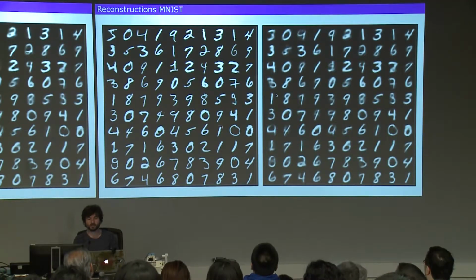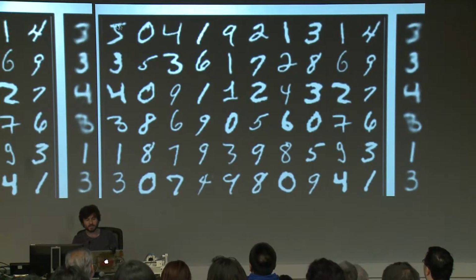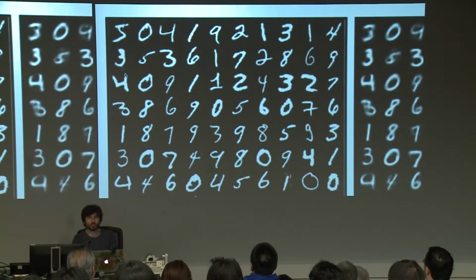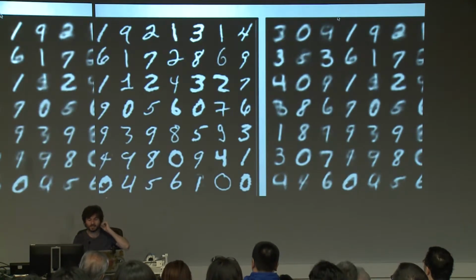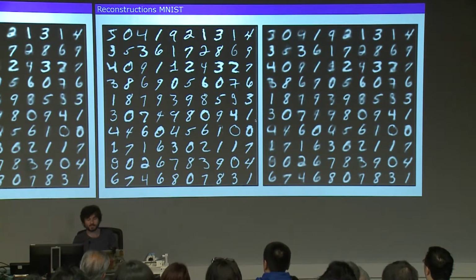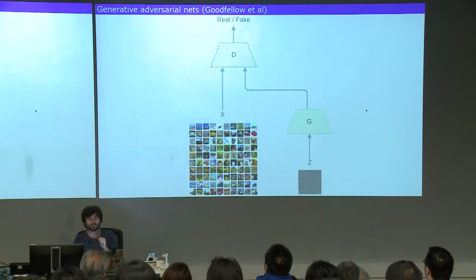They come out looking a little blurred, and in some cases it even changes the digits. Like this thing right here, it looks to me kind of like a 5, right? Or maybe it looks like a 3, but because it's a very unusual type of 5 or unusual type of 3, it ends up getting corrected to something that looks more average. And it ends up looking more like a 3. So it makes mistakes, but it captures the essence of these numbers, right?